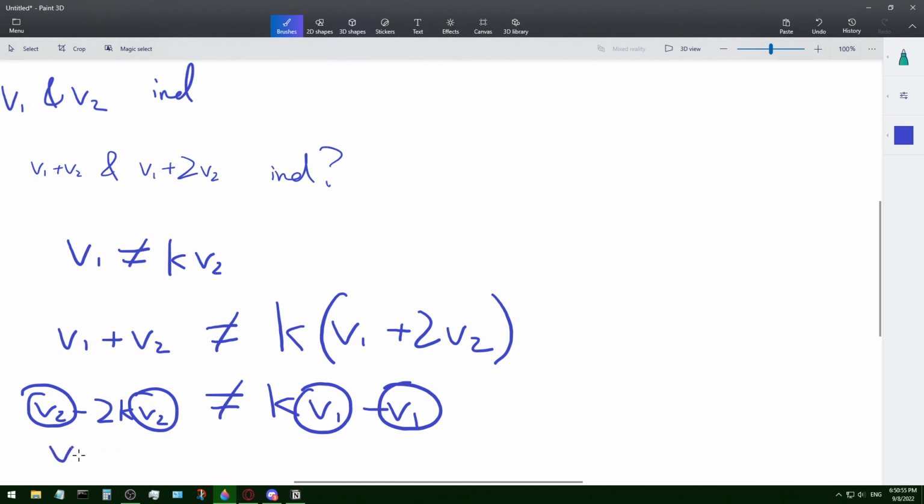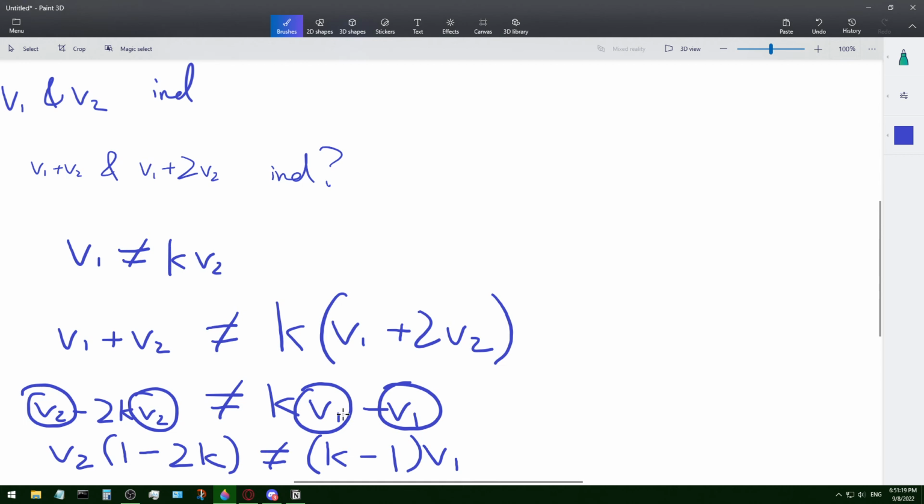Alright, so we have v2 multiplied by 1 minus 2k, and then that's supposedly not equal to k minus 1 times v1.